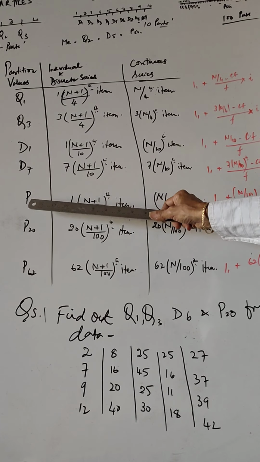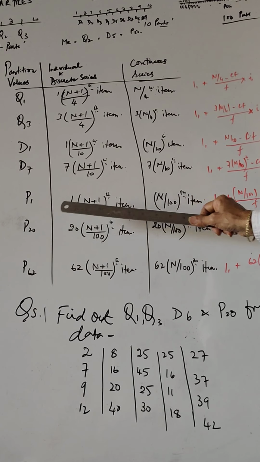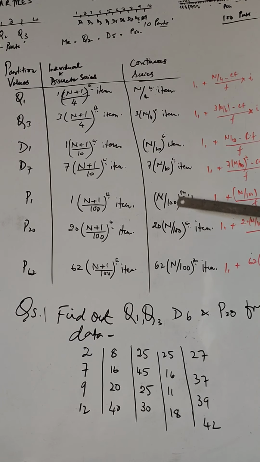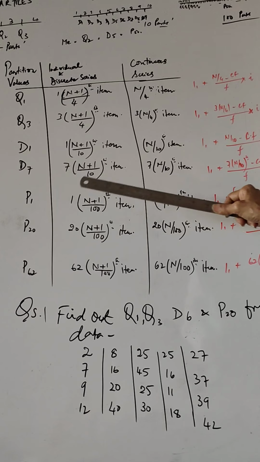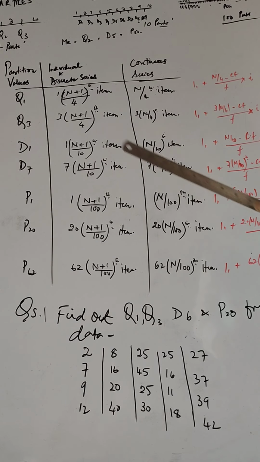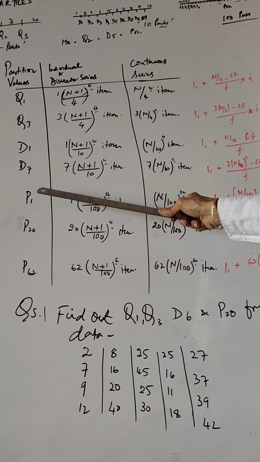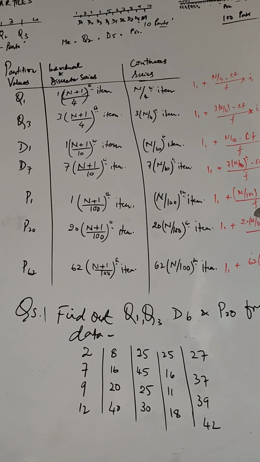Now let's come to P1, P20 and P62. In the same manner, in the continuous series or class interval series, you will work out the n by 100th item, that is sigma f upon 100. The size of that will tell you in which class interval P1 lies. Once you find that out, to know exactly what P1 is: L1 plus n by 100, which you've already got, minus CF preceding the percentile class, upon the frequency of the percentile class, into I, the difference.